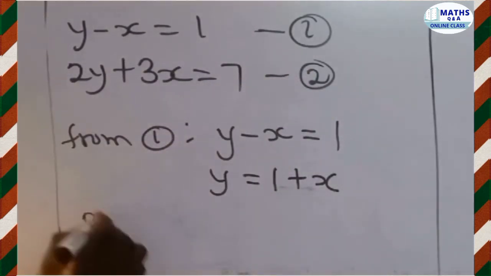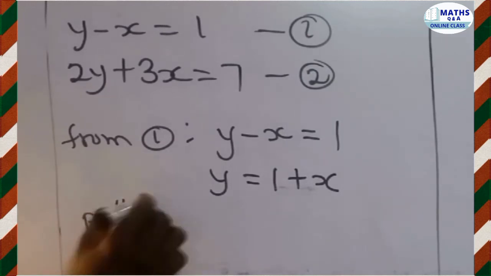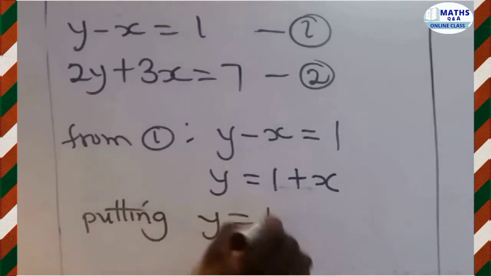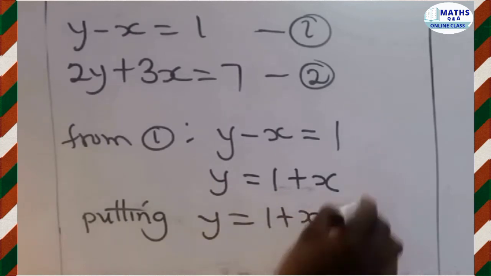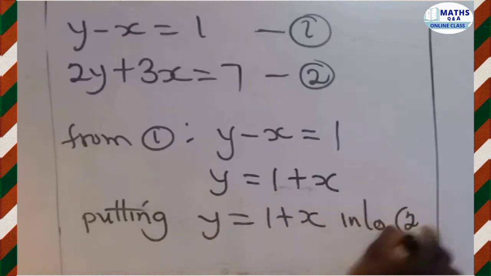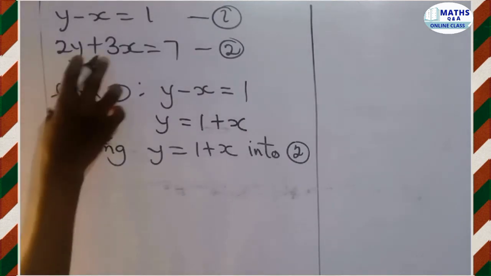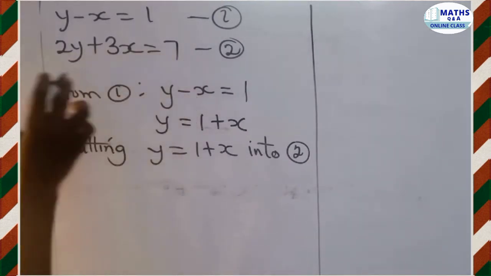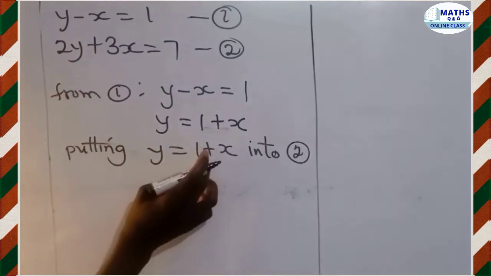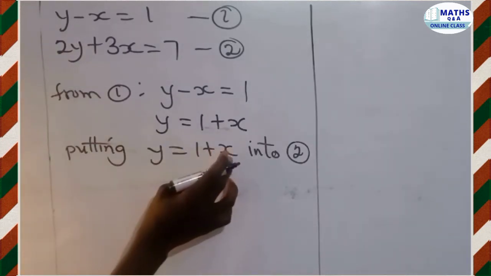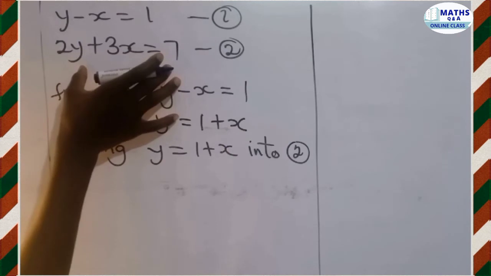So putting y equal to 1 plus x into equation 2. Equation 2 is 2y plus 3x equal to 7. Wherever we see y, we write 1 plus x. So let's rewrite equation 2.